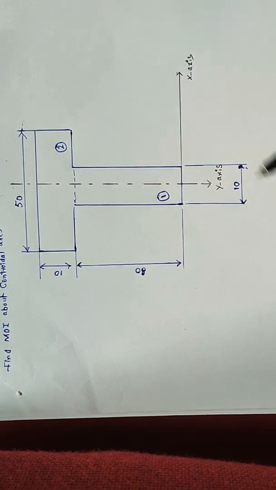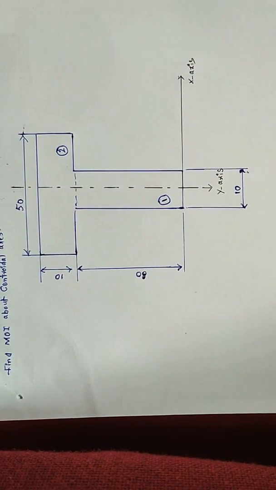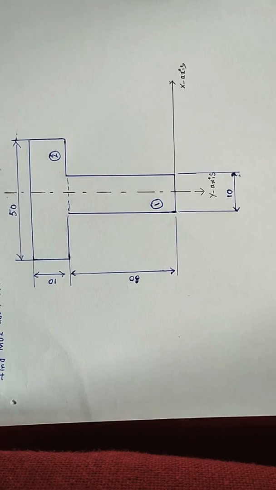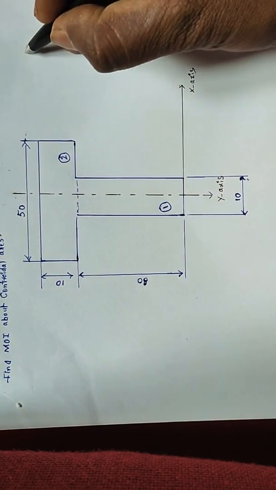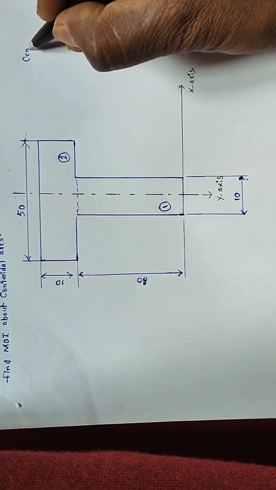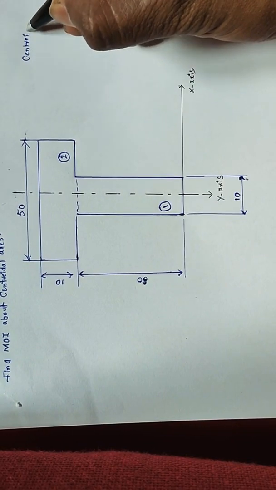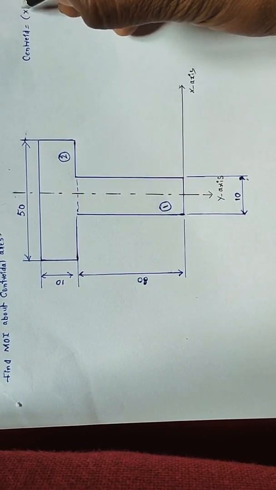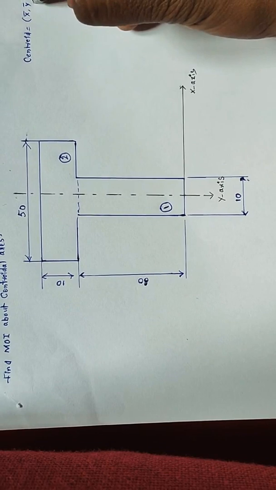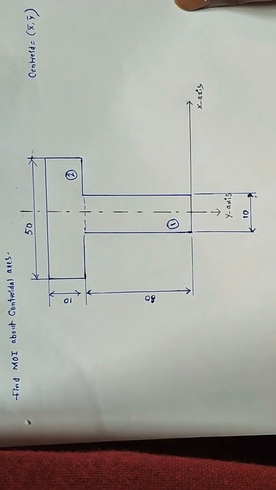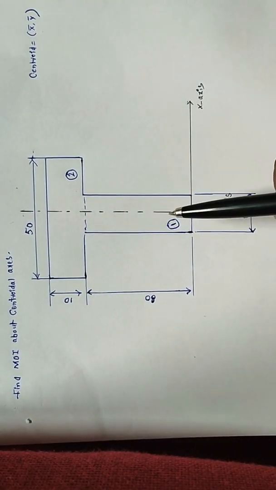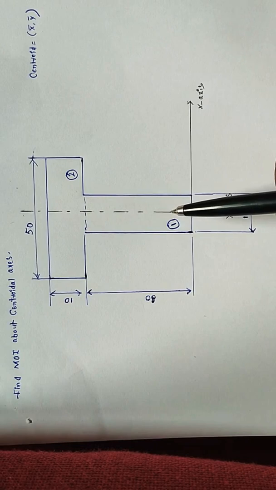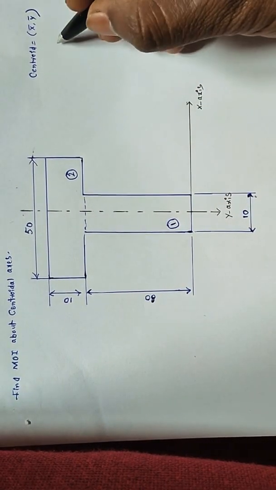So here the centroid is equal to x bar and y bar. The T section is symmetrical about the y-axis, so that's why x bar is going to become 0.